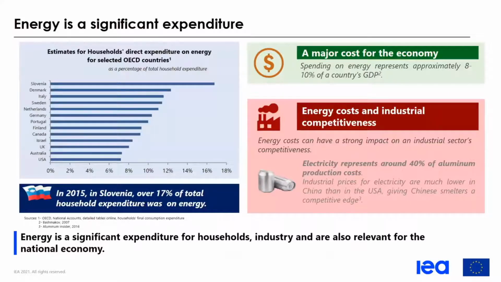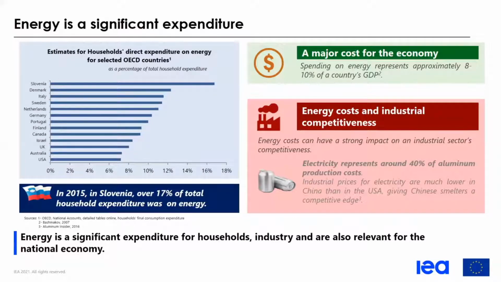Tracking energy prices is important also because they represent a significant share of our daily expenditures. For households, for example, the direct expenditure on energy might represent up to 17% of the household spending. The same can be applied to industry. Industry competitiveness is greatly affected by energy costs.